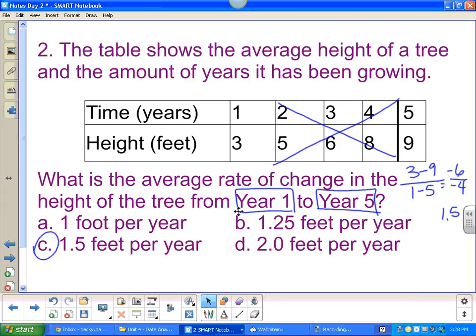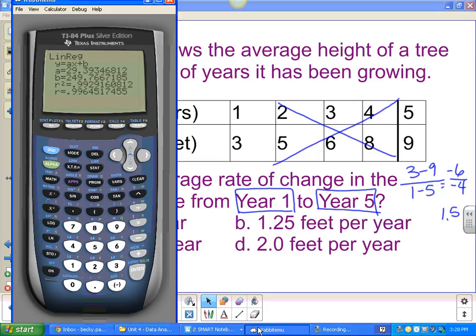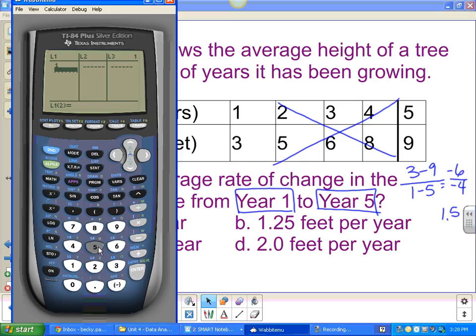Or you could use your calculator, which is totally fine. I think it takes a little bit longer, but absolutely fine. Clear out the data that you have in there and only type in the data from year 1 and year 5. So your L1 is going to be year 1 and year 5. And your L2 are your Y's, which is 3 and 9.